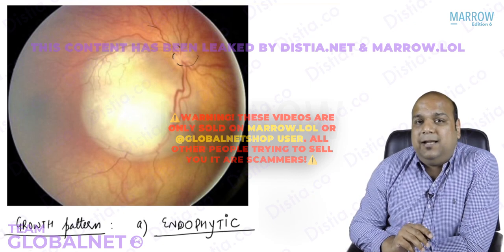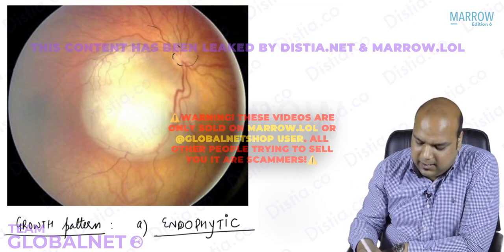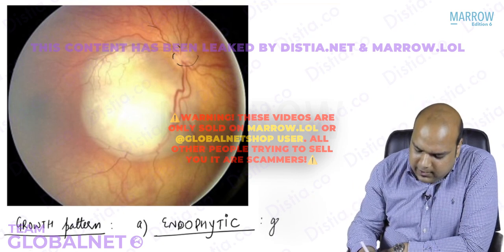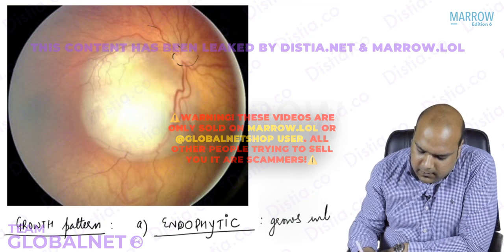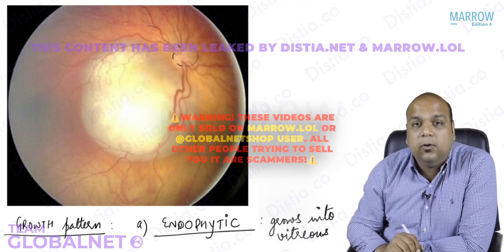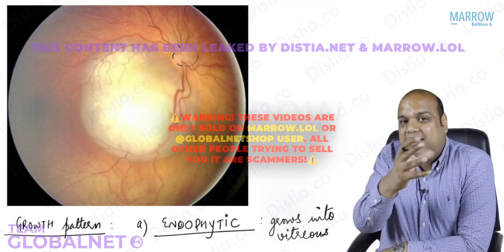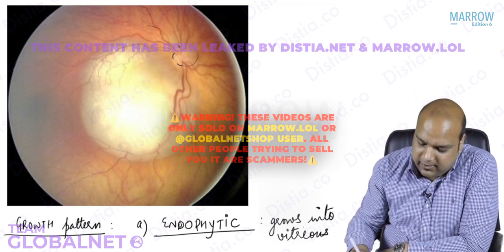Endophytic means from the retina, the tumor is growing into the vitreous. We are able to see an elevated mass going inside the vitreous.